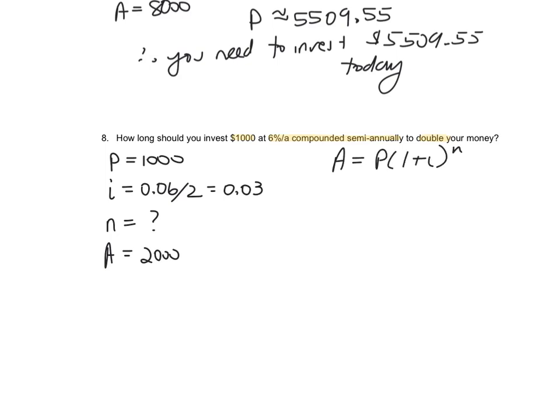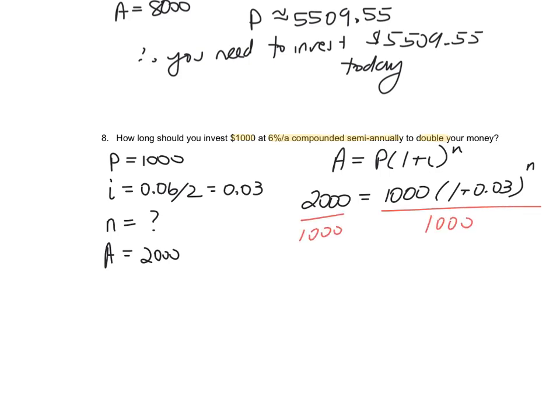So now let's use our formula. And this time we're going to be solving for n. So 2,000 equals 1,000 times (1 plus 0.03) to the power of n. So this is now an exponential equation, and we always divide the constant out first if we have to. So we get 2 equals 1.03 to the power of n.